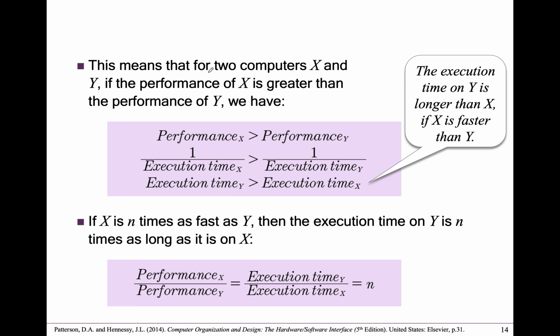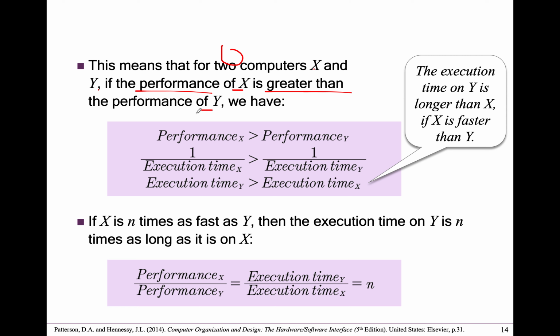This means that if you have 2 computers, computer X and Y, and the performance of X is greater than Y, you would say my computer's performance is higher than my friend's. And your friend also claims, no, my laptop's performance is higher than yours.